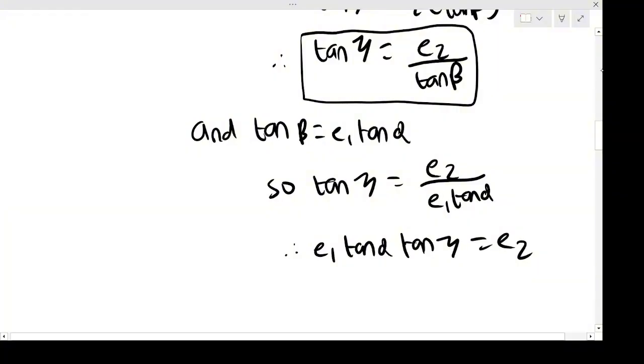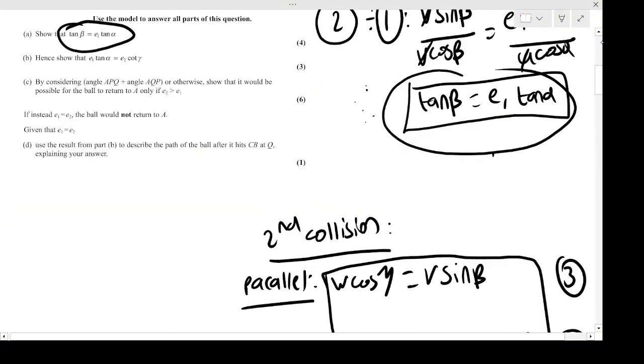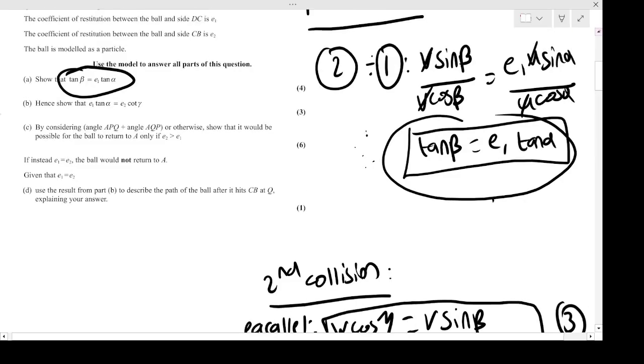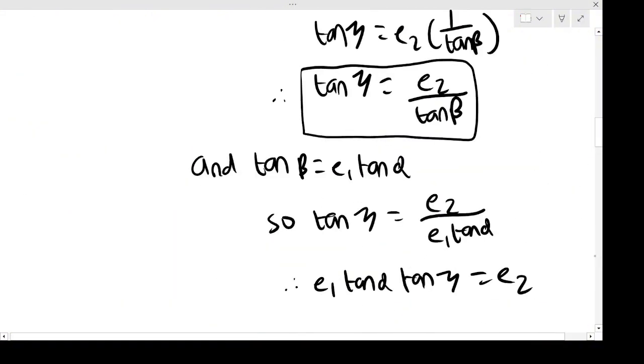If I now look at what they want me to show, what's the key difference now? Again, they have cot gamma in their expression. I have tan gamma. So remember, cot is 1 over tan.